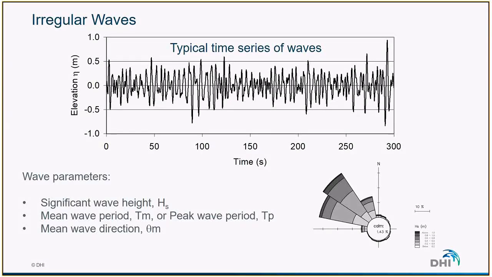For this, we use typical wave parameters such as the significant wave height, the mean wave period or the peak wave period, and the mean wave direction. These parameters are usually calculated based on the wave energy spectrum, which describes the wave energy distribution over different wave frequencies and wave directions.